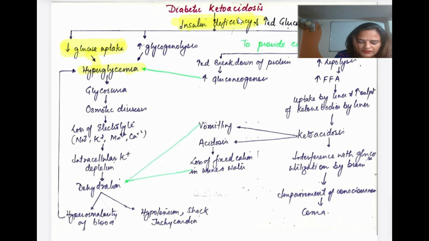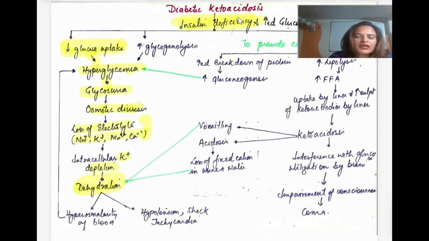If blood glucose level is high, the kidney is going to excrete it, so glycosuria will be there, and along with the glucose there will be loss of other electrolytes: sodium, potassium, magnesium, calcium. This leads to osmotic diuresis, depletion of intracellular potassium and ions, and ultimately dehydration.